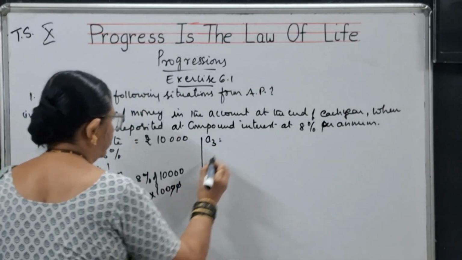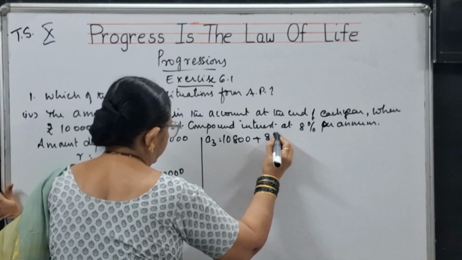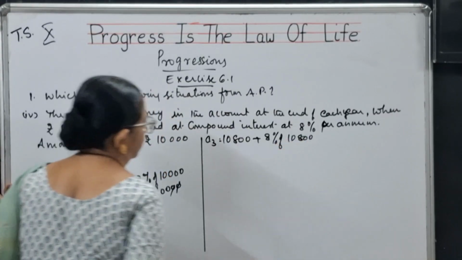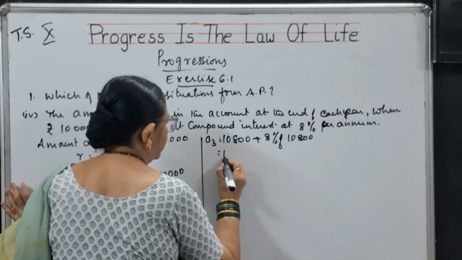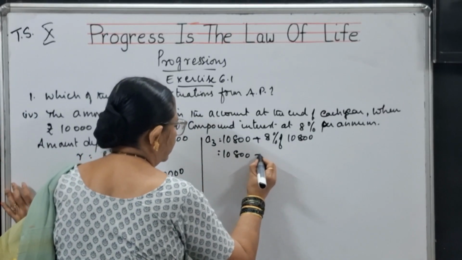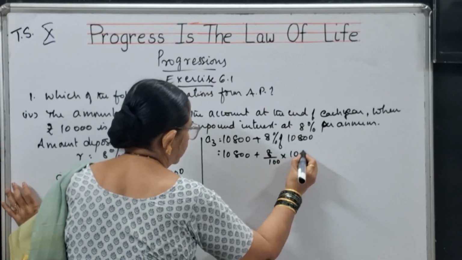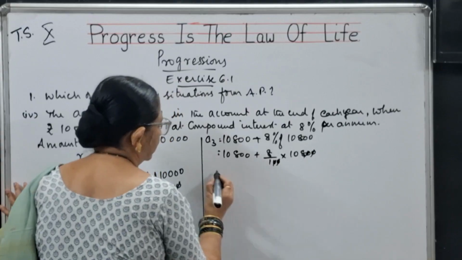A3 is nothing but 10,800 plus 8% of 10,800. This is nothing but 10,800 plus 8 by 100 of 10,800. So these two will get cancelled.